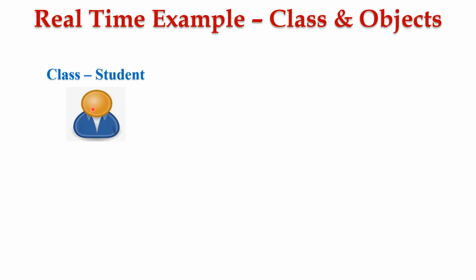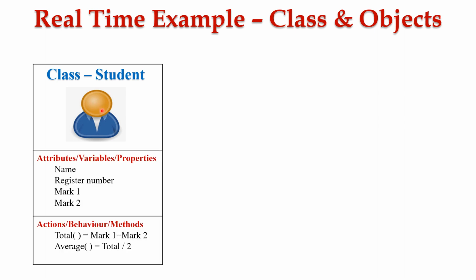Now let's have a real-time example using class and objects. We all know that classes are the blueprint for creating objects, and objects are instances of a class that have attributes and methods associated with them. Let's consider the student class to represent the student entity. It has attributes such as name, register number, mark 1 and mark 2 to store the student details.